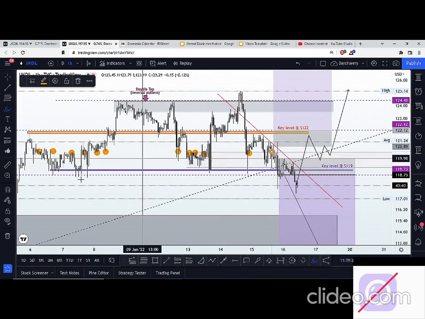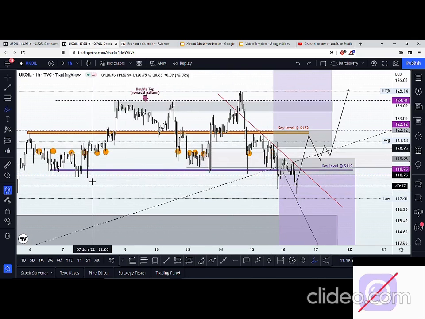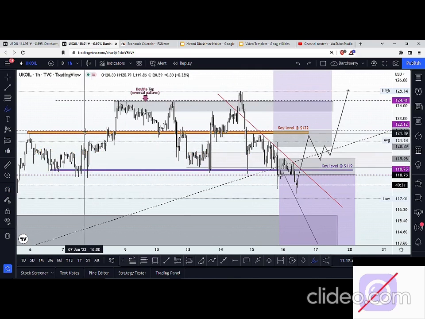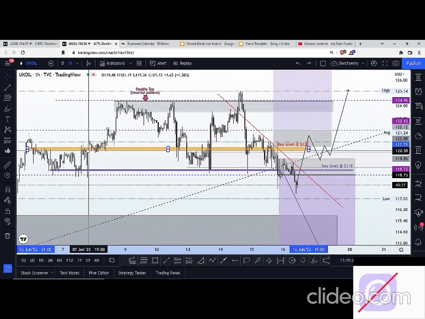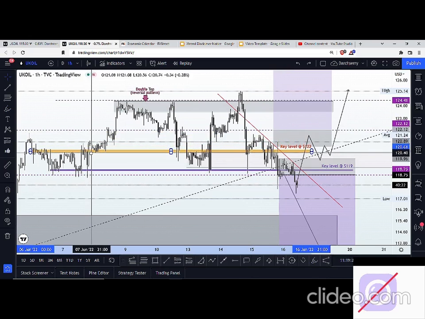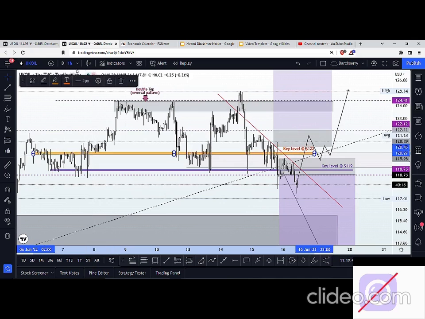So I want us to readjust our key level area based on the present market structure to align with a level around this area to be our guide for any bullish momentum as we head into the New York session. So we want to be having somewhere around 120. Give me a moment.